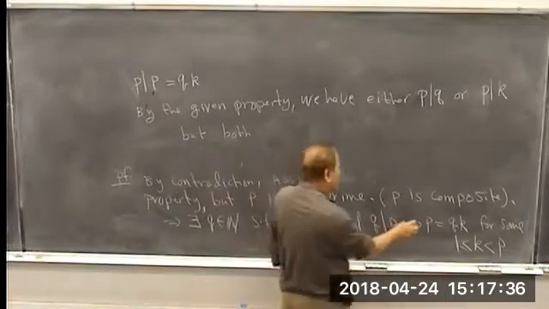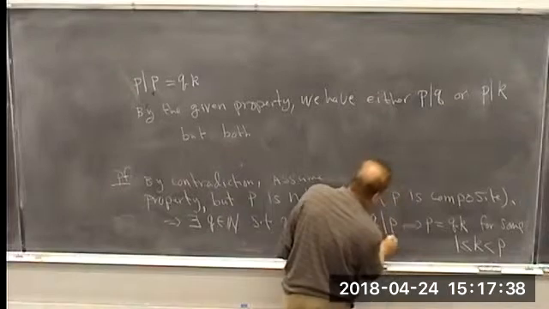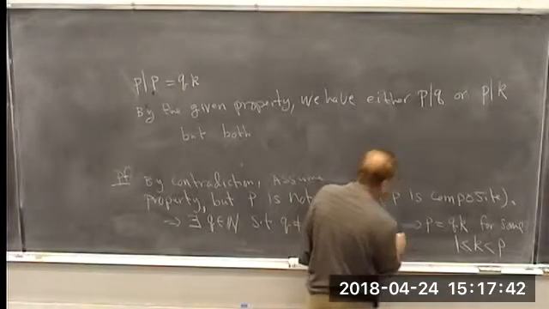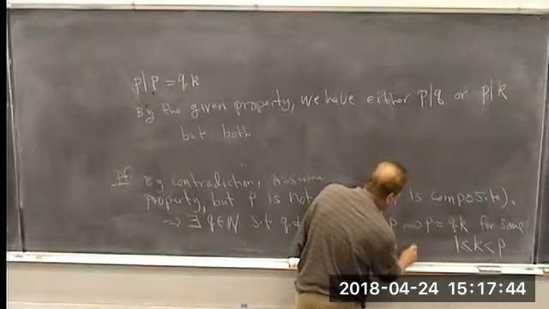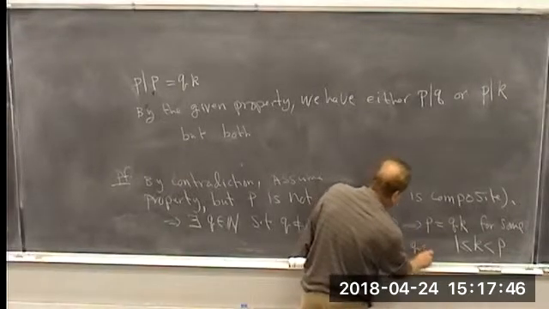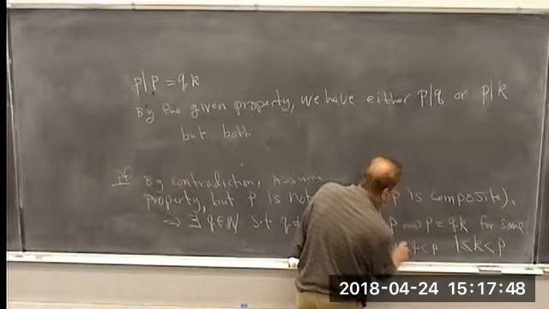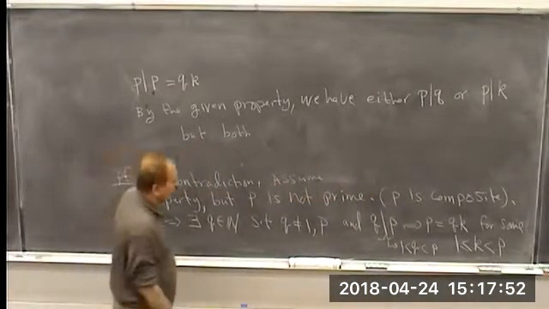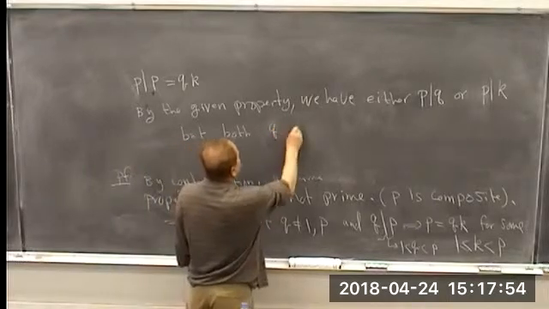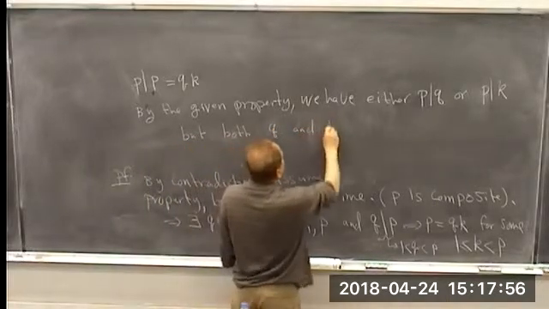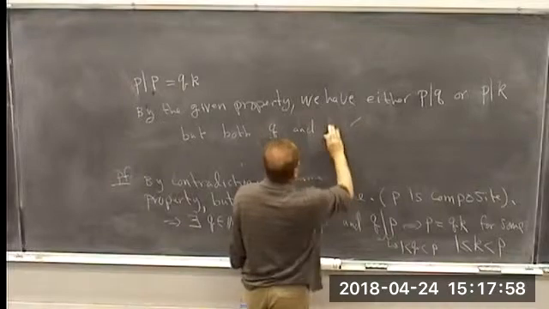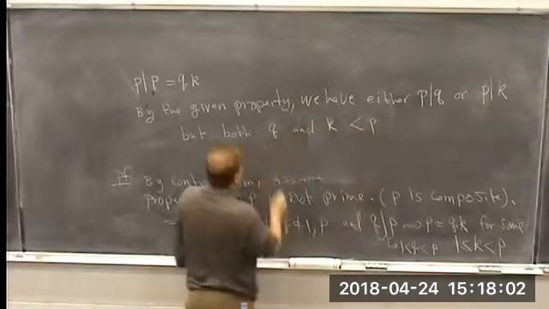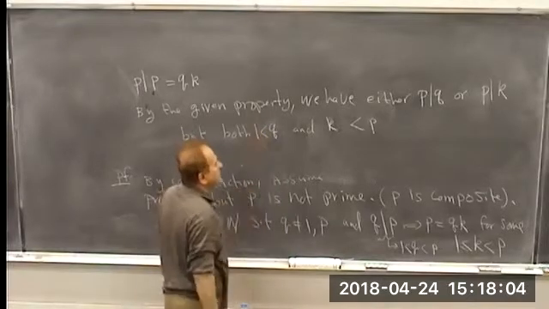Actually, let me also add one more thing in here. I'm sorry. We could also say that Q is less than P and bigger than 1. So both Q and K, sorry, are less than P, bigger than 1.